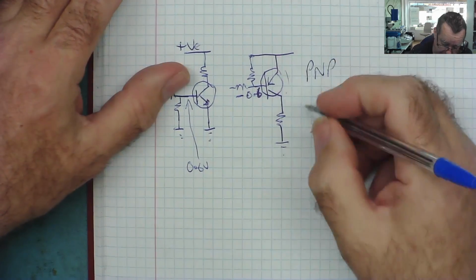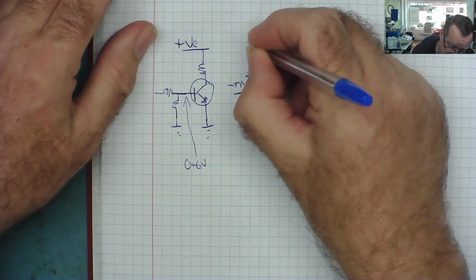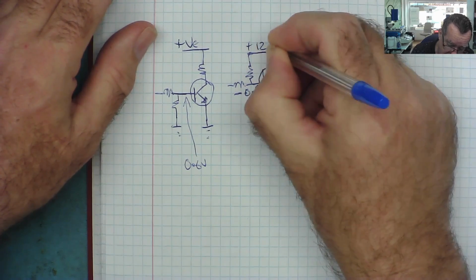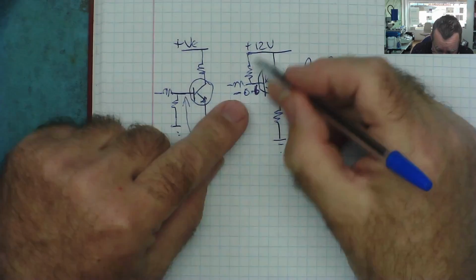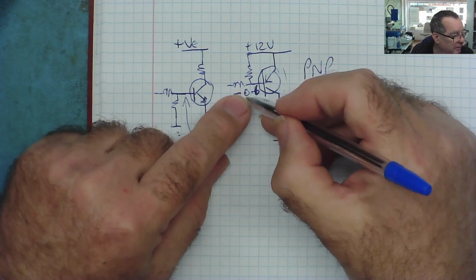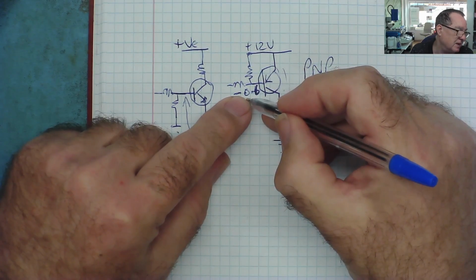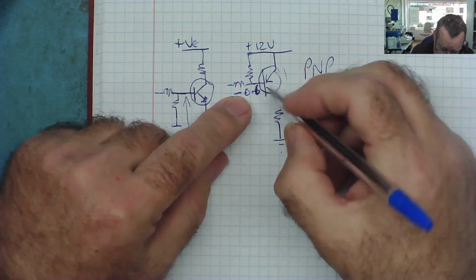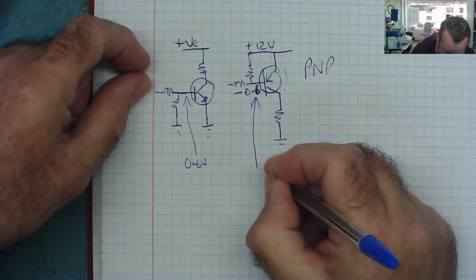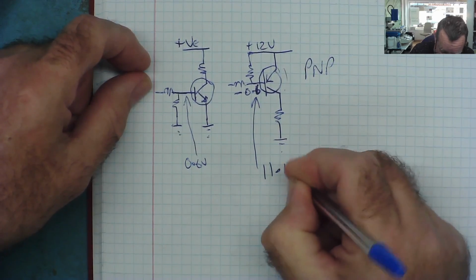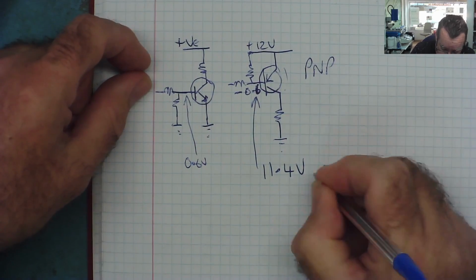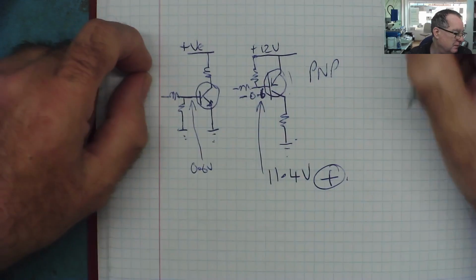So, for example, if this supply here is positive 12 volts, to switch this transistor on, the base has to be 0.6 negative of the emitter. So the voltage on the base has to be about 11.4 volts positive with respect to ground.